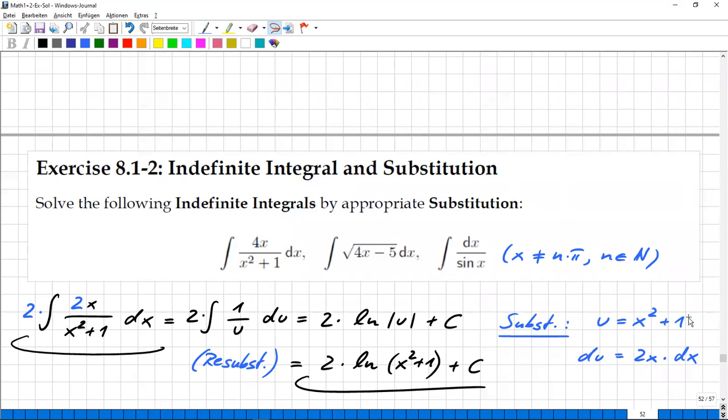And by increasing x, you will find that u also increases. So it's clear that u is as well a valid variable. It can also be used as an independent variable instead of x, but you can also interpret this variable u as a function of x itself.